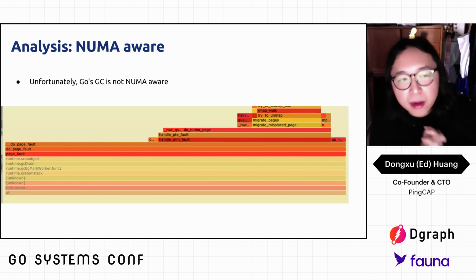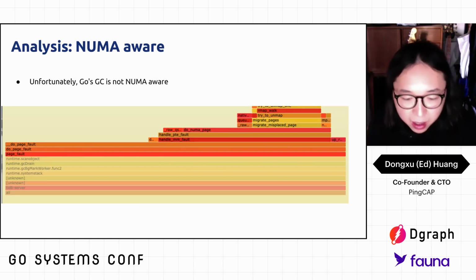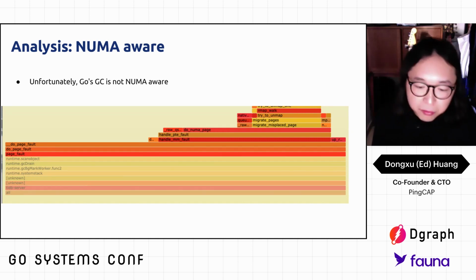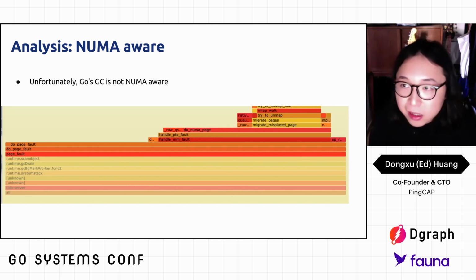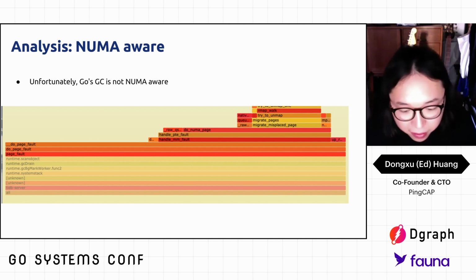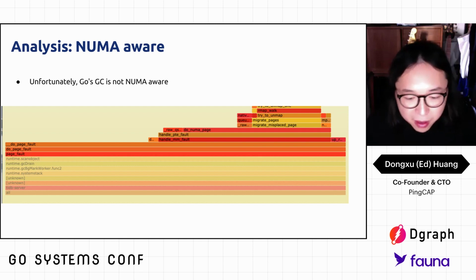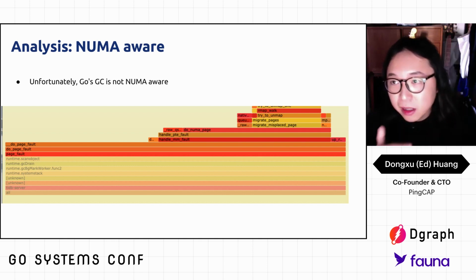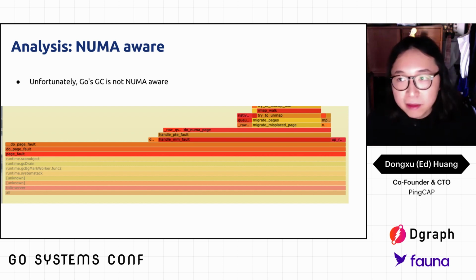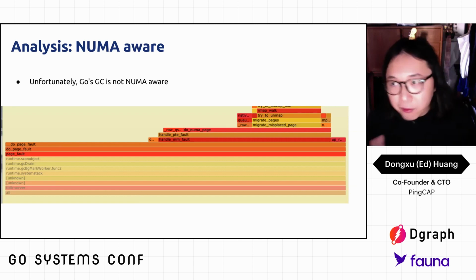But very unfortunately, the Go runtime doesn't deal with NUMA-related stuff, and the Go GC is not NUMA aware. For example, when a goroutine does context switching, or the GC runs scanning, it is not NUMA aware.